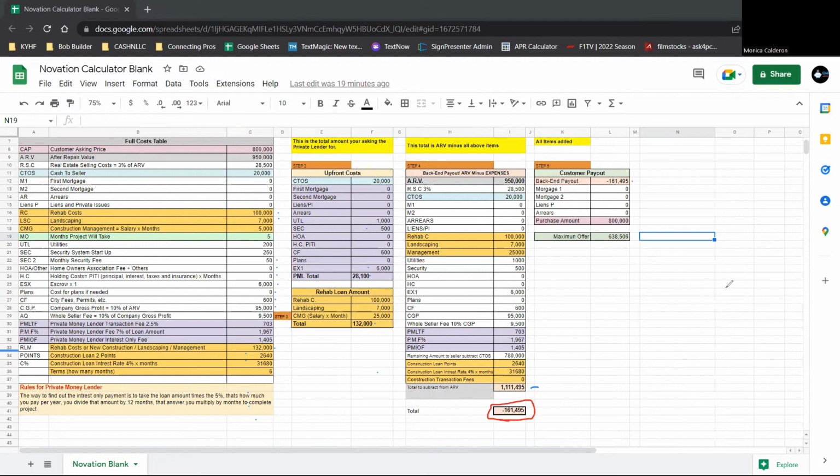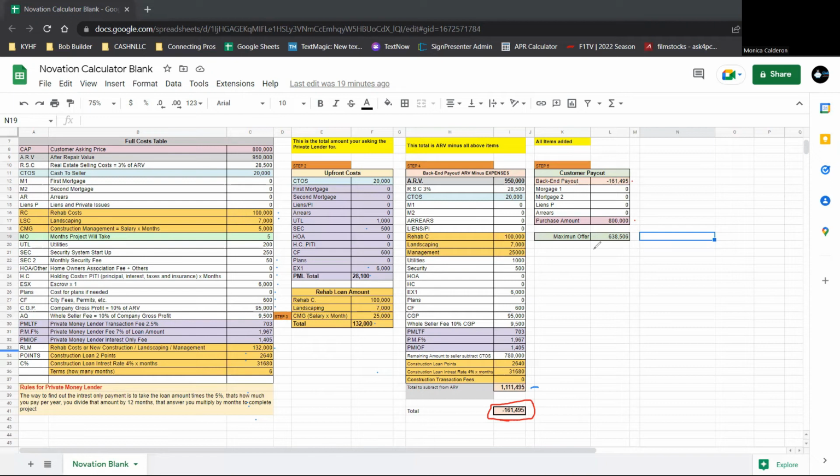This is going to move over to our step 5, right? Our customer payout, or the maximum offer we're going to be able to give the seller. So the back-end payout total moves over to back-end payout. Right here, we're going to also subtract if there are any mortgages, if there's any liens, which in this case, there isn't any. And we're going to subtract that from our purchase amount.